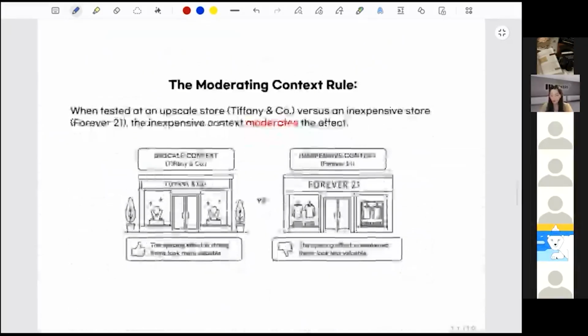Rule number two that we have to keep in mind is the moderating context rule. So when it was tested at an upscale store, the expensive stores like Tiffany & Co. versus an inexpensive store like Forever 21, the inexpensive context moderates the effect. So the spacing making the items look more valuable, that is moderated or weakened.